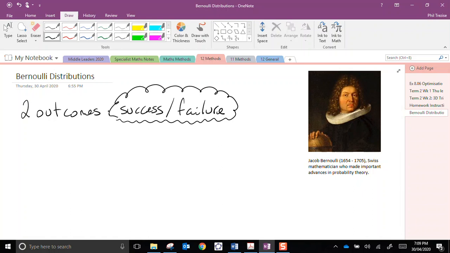Now, the probability distribution, as we learnt from grade 11, a discrete event, we can describe the probability of these things in the following way.